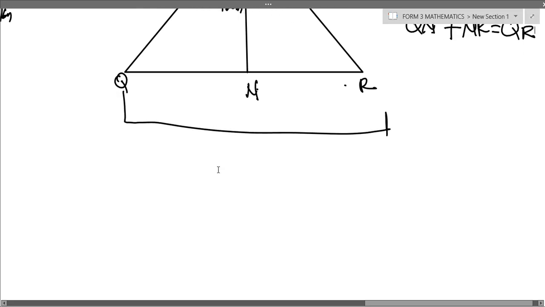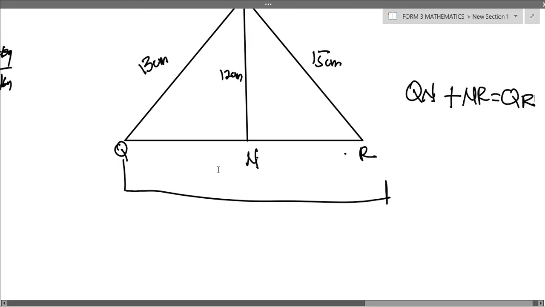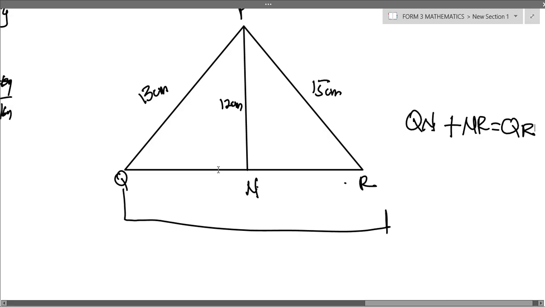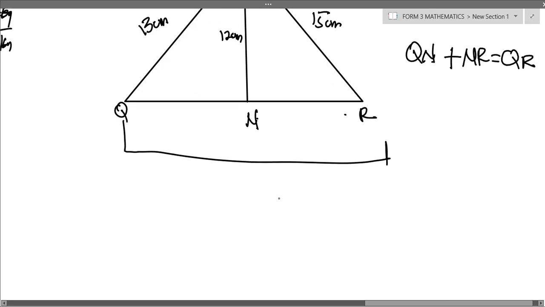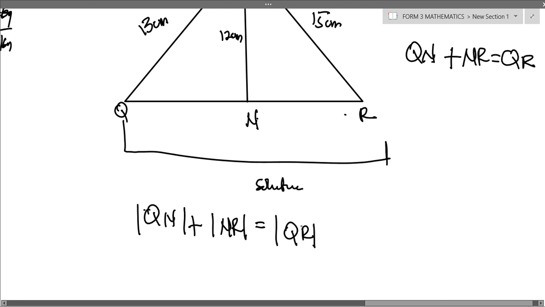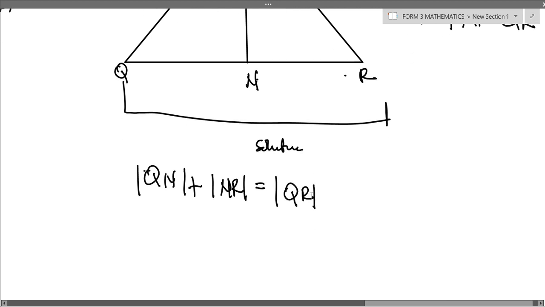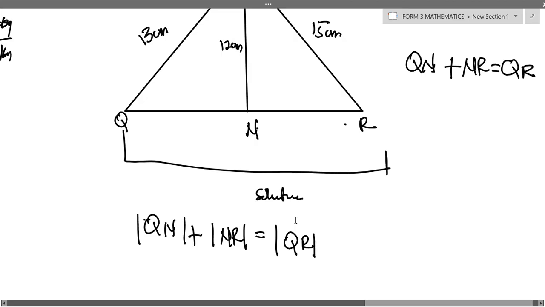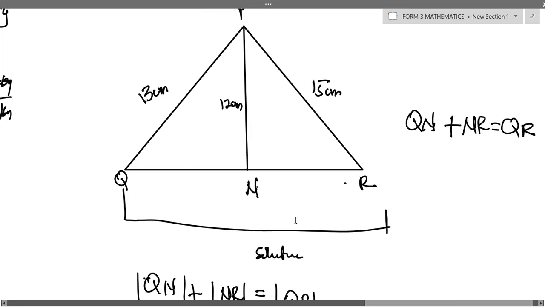All right. So first of all, we are going to find QN. So we will write solution. Solution: line QN plus line NR will give us line QR. Then we will find our QN first and then NR. Now looking at this diagram, the QN is our adjacent.